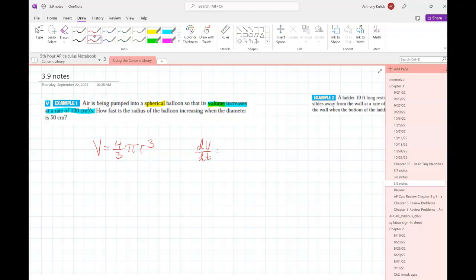We're told that the volume is changing at a rate of 100 cubic centimeters per second. It then asks us, how fast is the radius of the balloon increasing? What is that quantity going to be?